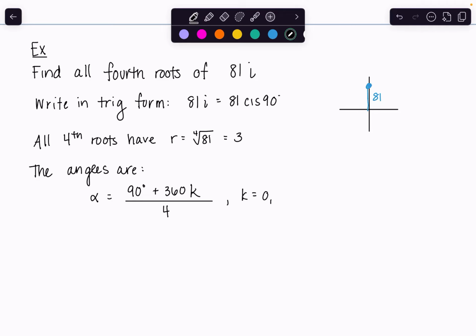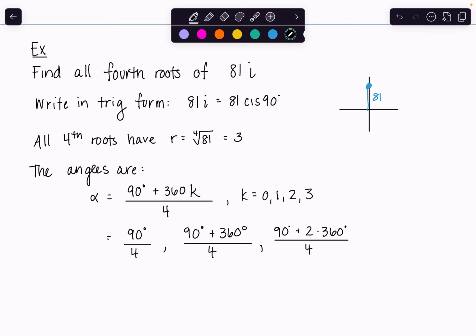So you really don't need to memorize this particular formula. Instead, I think the easier way to think about it is you start at 90 degrees divided by 4. Then you find the next coterminal angle, which is where you add 360 degrees, divide by 4. The next coterminal angle is 2 revolutions.